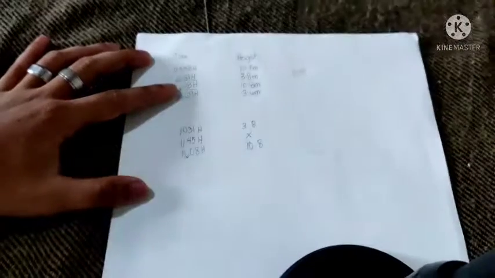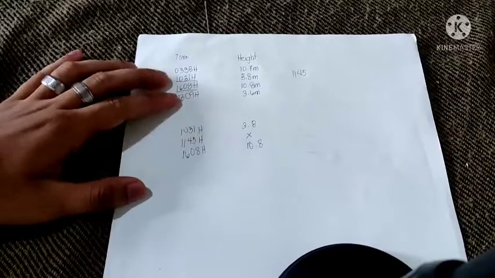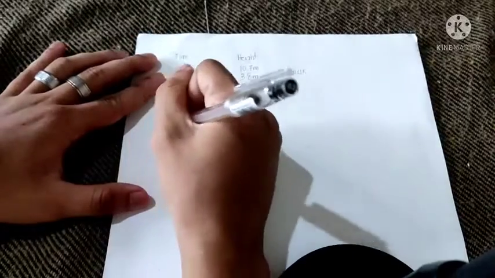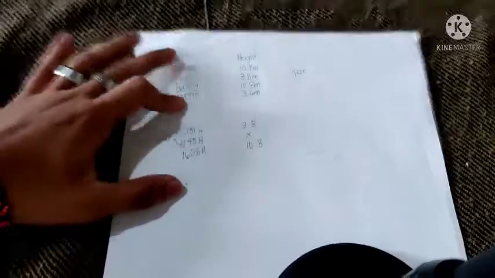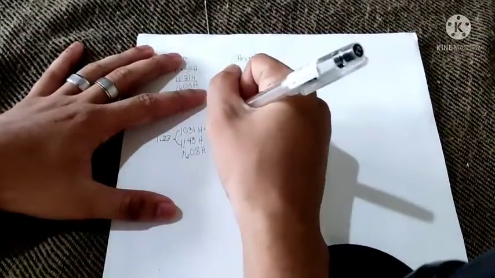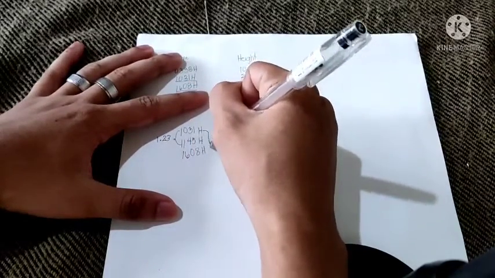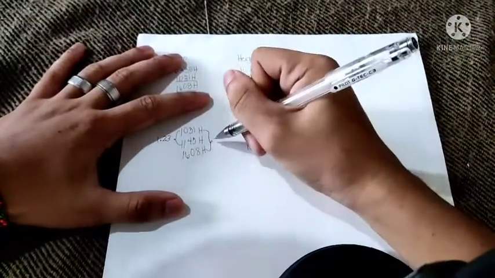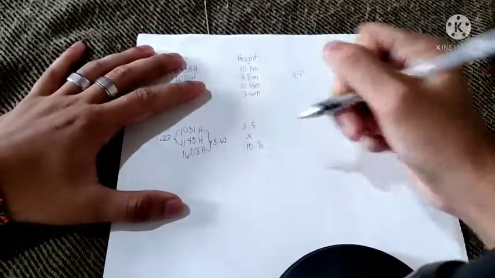So first is solve natin tong dalawang to. Using your calculator, the answer is 1.23. Tapos itong dalawa, using your calculator, ang sagot niya is 5.62.